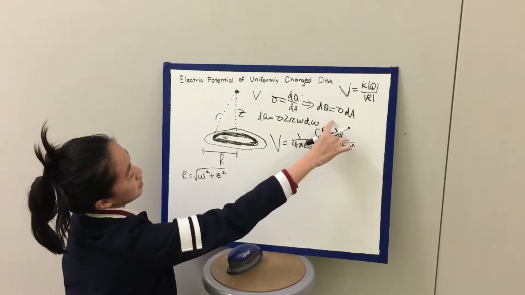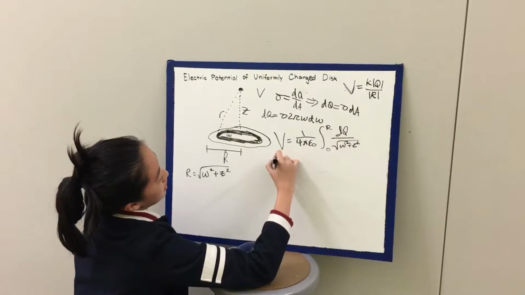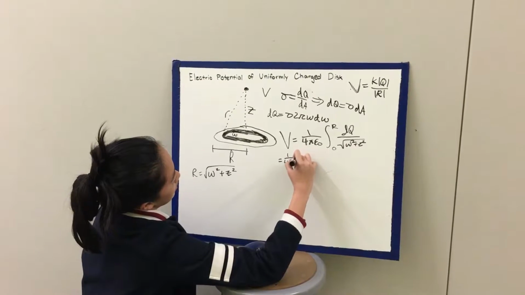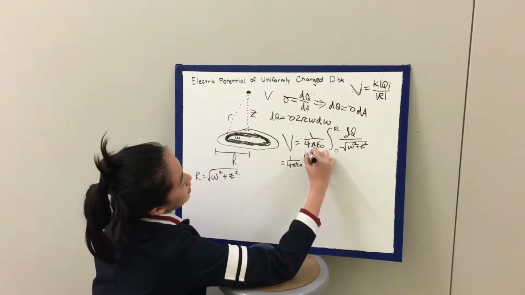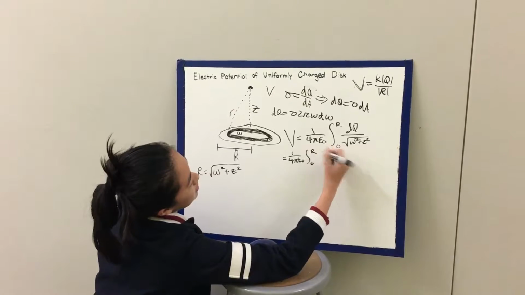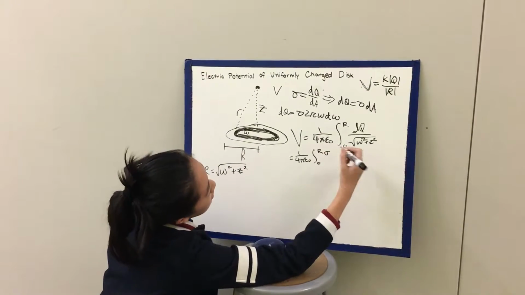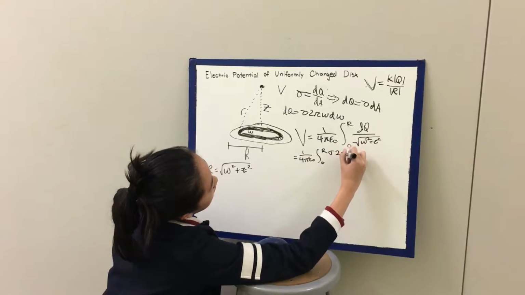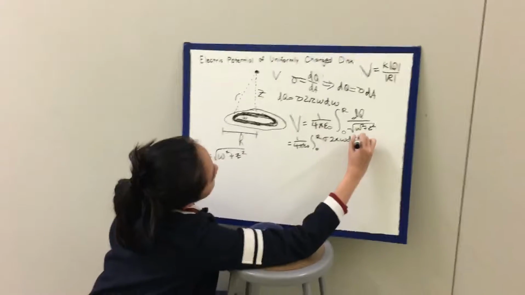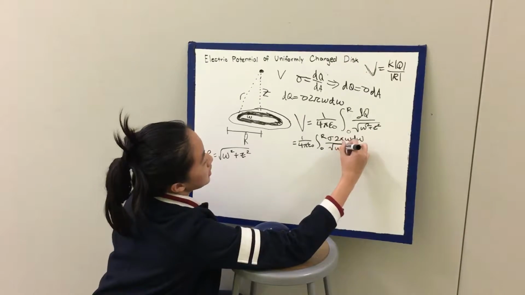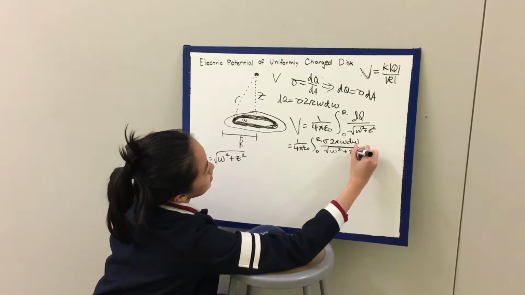If we plug in what we found for dq, then you get 1 over 4 pi epsilon naught times the integral from 0 to r of sigma 2 pi omega d omega over the square root of omega squared plus z squared.